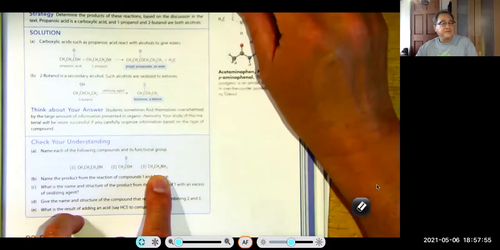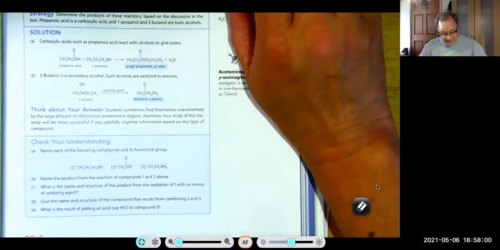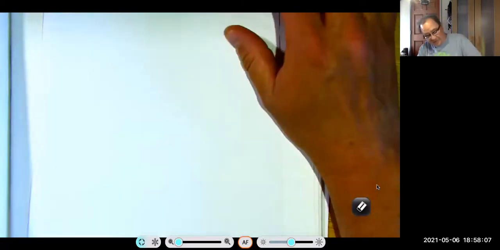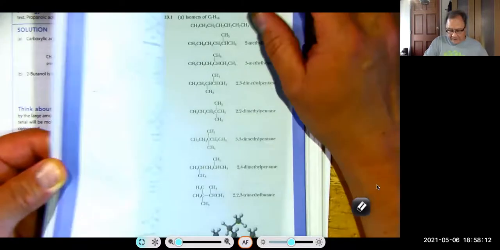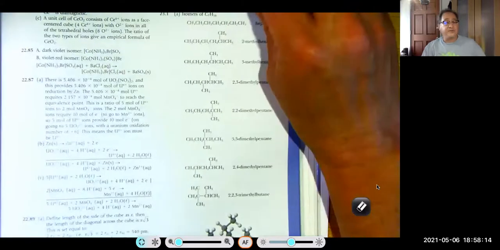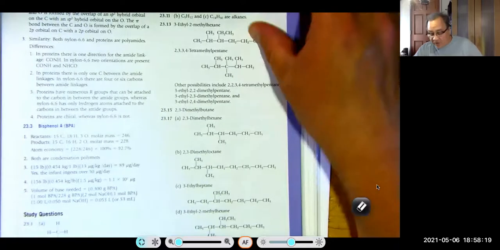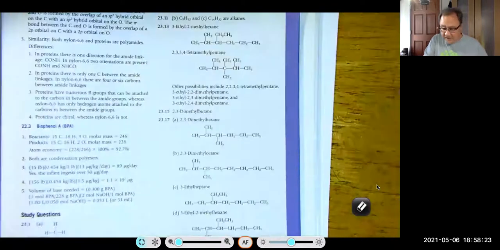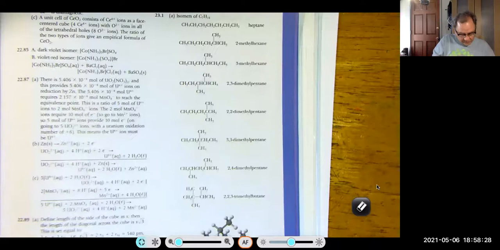Yeah. And then after you do this, what you're going to do is flip to the back of the book. You're going to see that this is 23.7. Let's see if I can find it. Okay, 23. This is 22. 23. And here's 23.7. Oh, that's from the back of the book. So probably I have to go forward a little bit more.